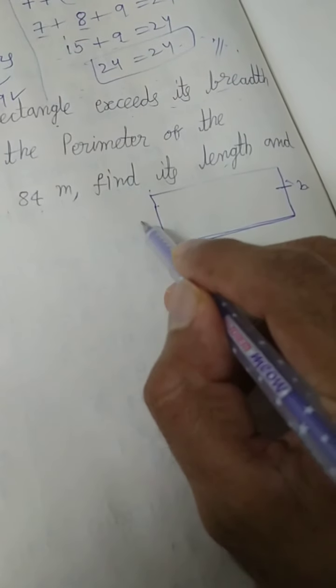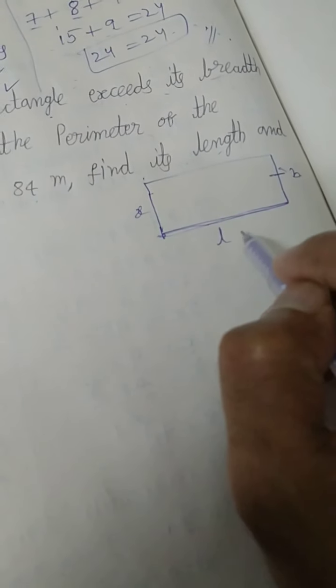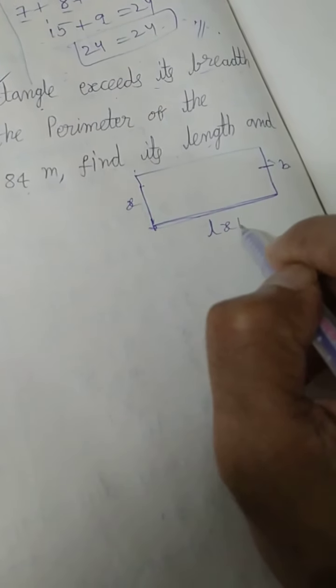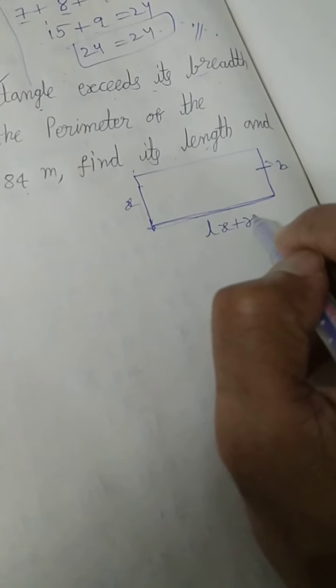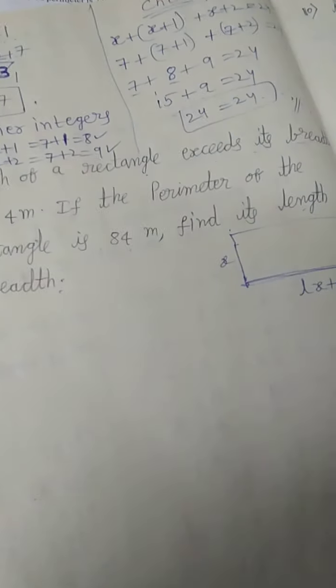Suppose the breadth is some x meters. So the length is exceeding by 4, that means x plus 4 we get.